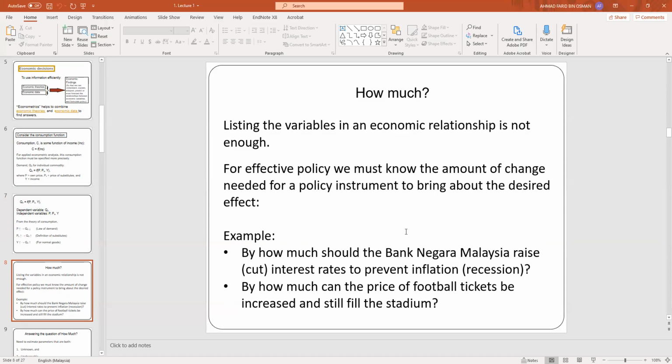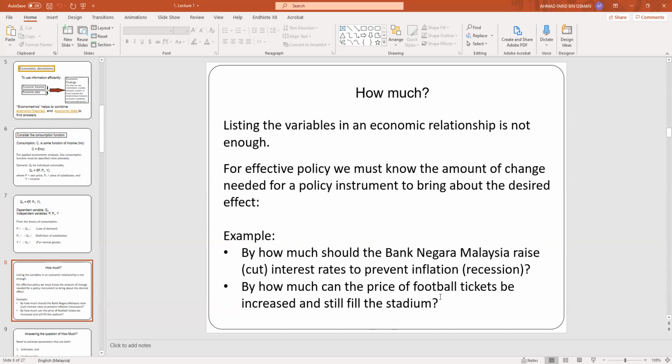So when the interest rate increases, we predict how much the inflation will decrease or increase. So that is the relationship between the two variables. And then for another example, by how much can the price of a football ticket be increased and still fill the stadium?